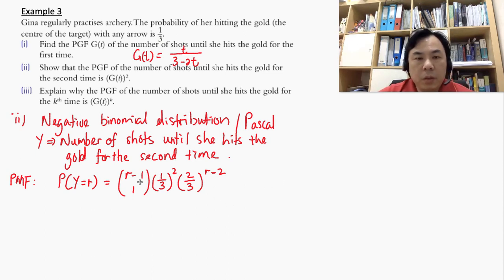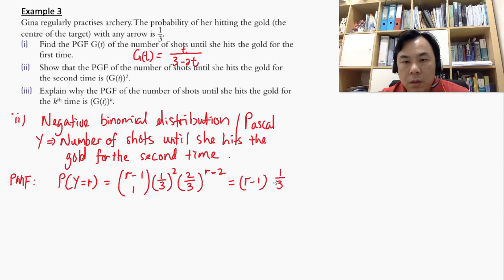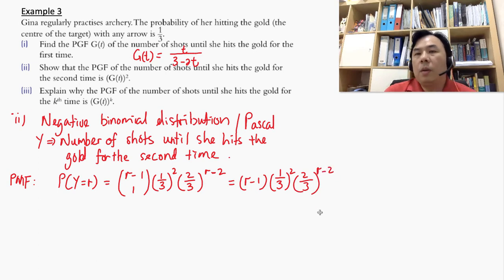So from here, you can simplify that, and it's now quite obvious. This combination is basically just this. So there you have it, the probability mass function.